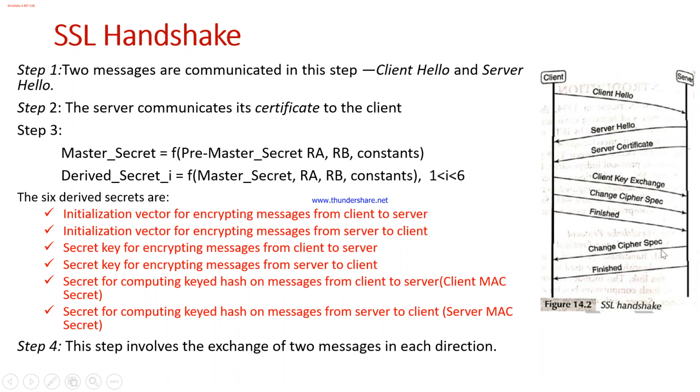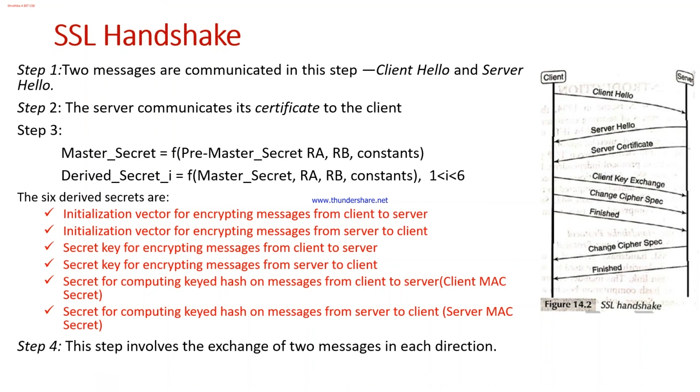The party that sends this message signals that from now on the cipher suite just negotiated and the key just computed will be used. So all the negotiation that has been done and the master secret just exchanged will be used further for communication.